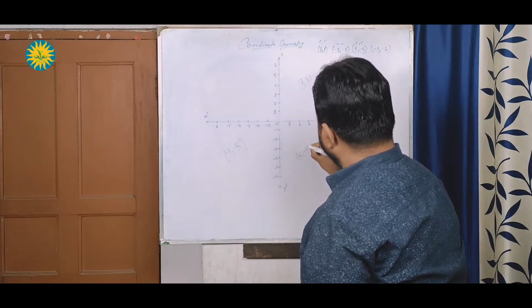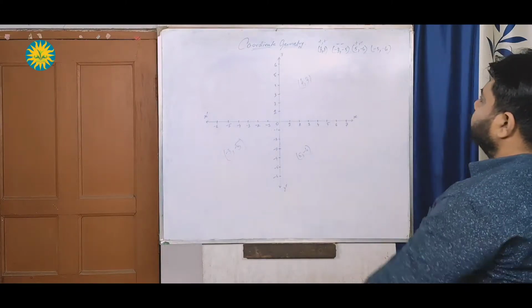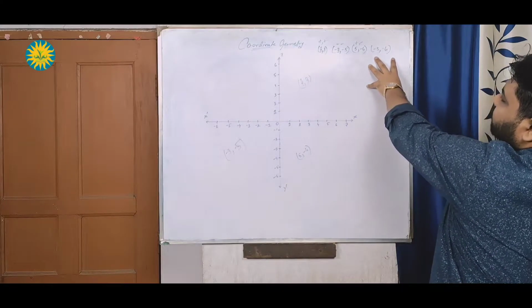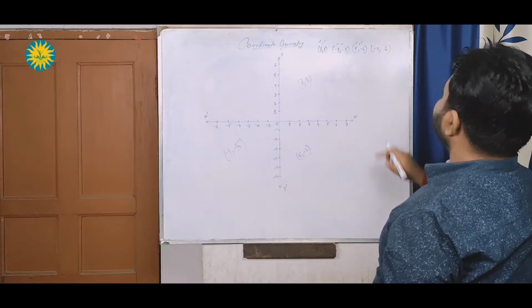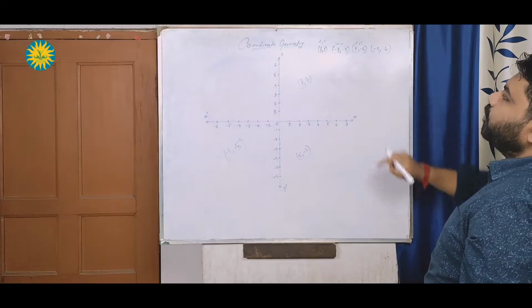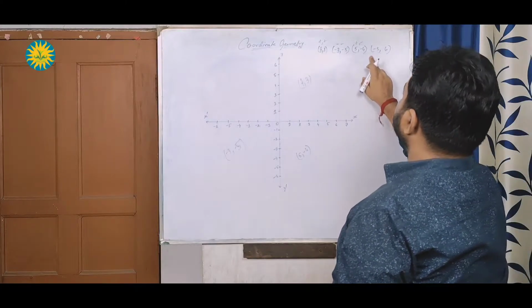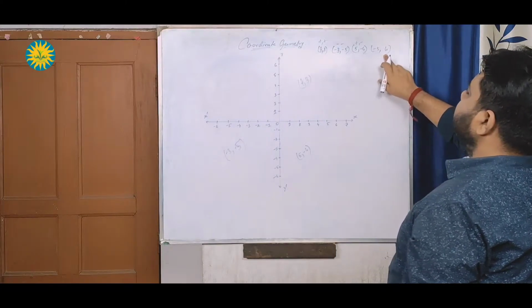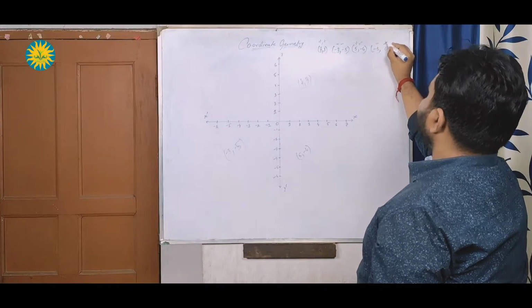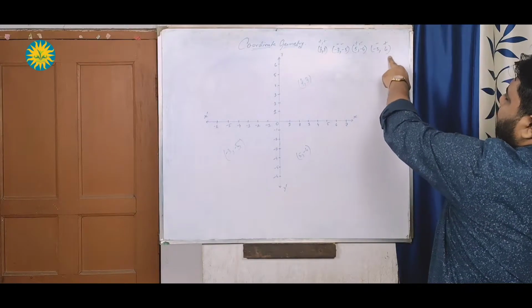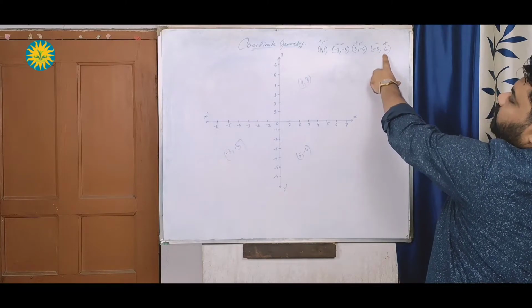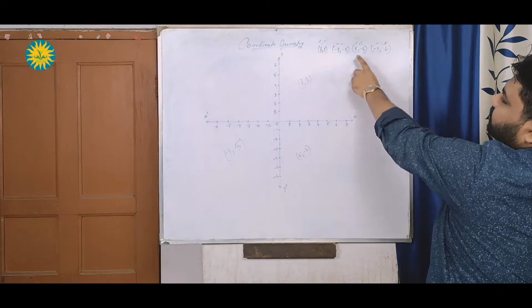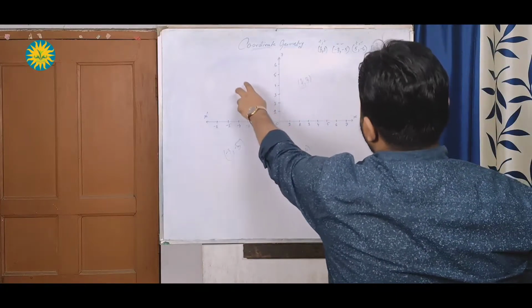Okay, now the last one, I am changing this one, minus 5 comma 6. Minus 5 comma 6 means the x coordinate is negative and the y coordinate is positive. This is the minus plus quadrant. So the x coordinate is negative while the y coordinate is positive, therefore this lies in the second quadrant.